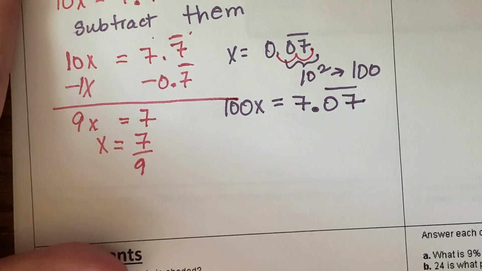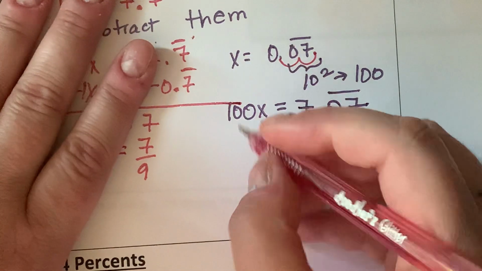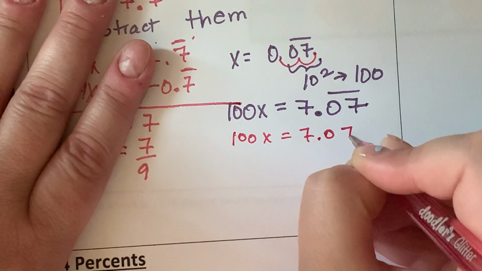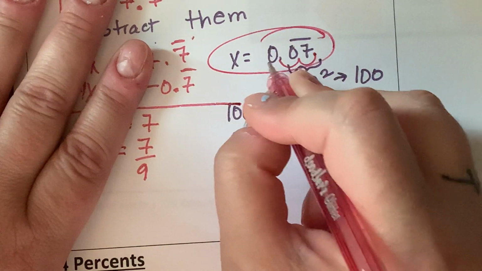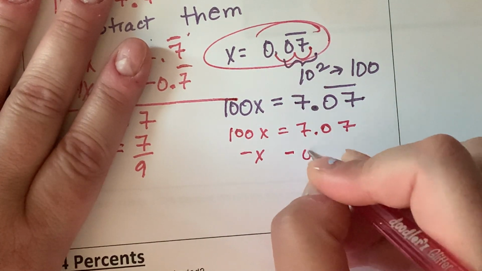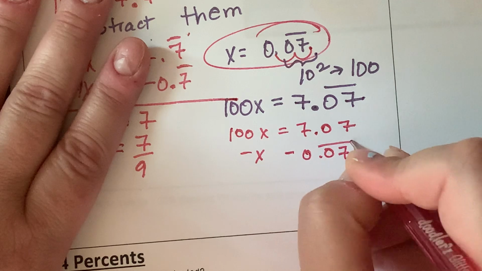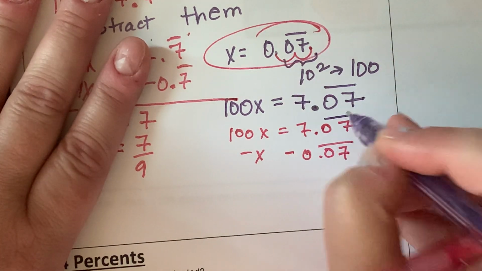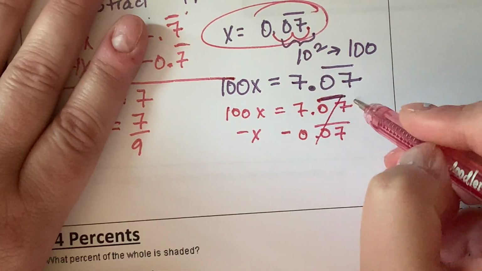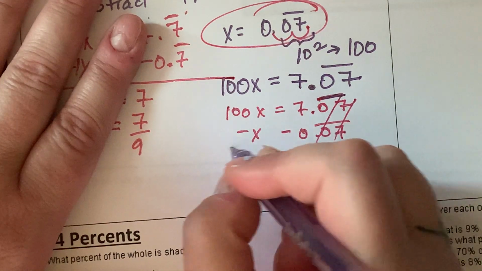Okay, now we're going to subtract them. We're going to take this 100x, and we're going to subtract off the original x and the original 0.07 with a repeat. And when I subtract those, the repeat goes away.